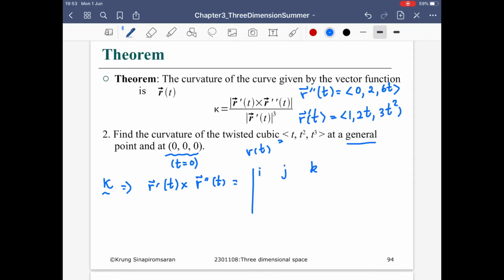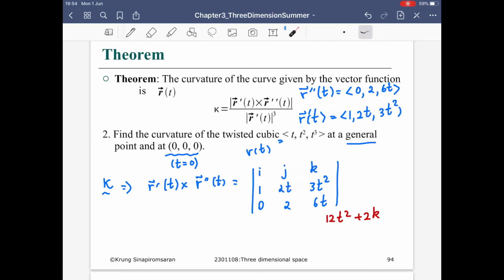Before you find the length, you just find this cross product first. So you got i, j, k, with your r prime 1, 2t, 3t squared, and 0, 2, 6t. So you are going to do the cross multiply, the diagonal multiply. The first one, you got 12t squared, and the second one, you got 0 on the j, and the third one, you got a 2k. Okay, and then you do the upward diagonal.